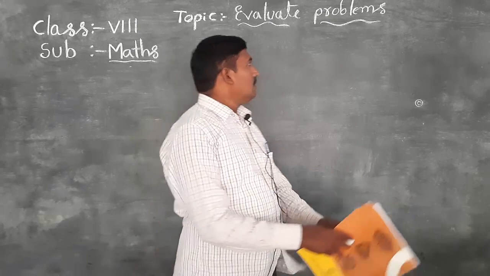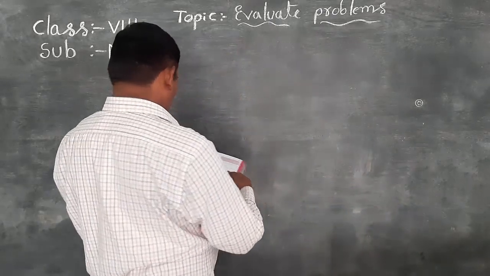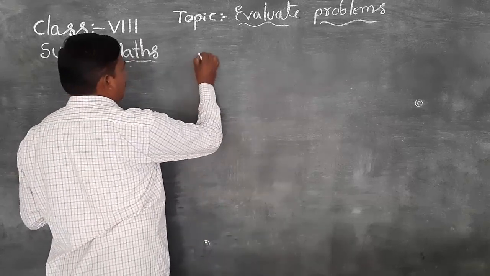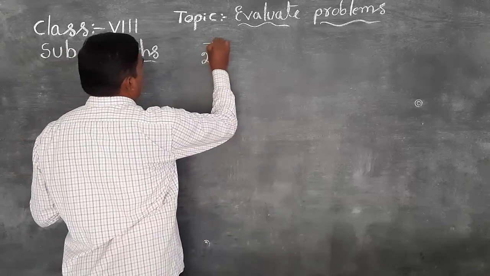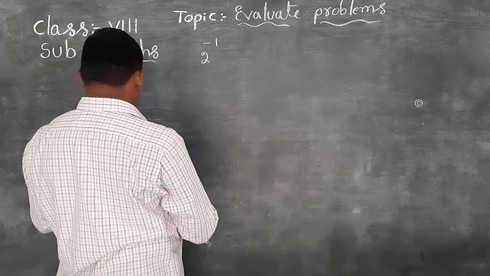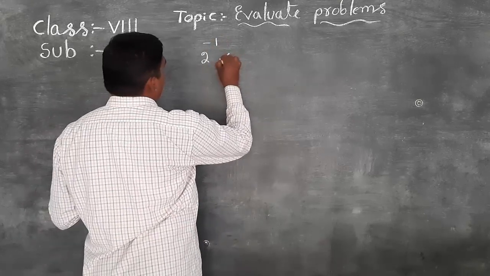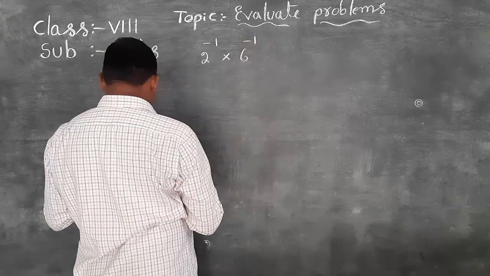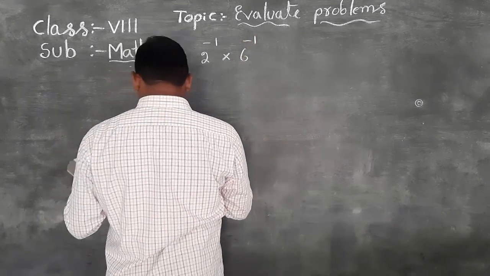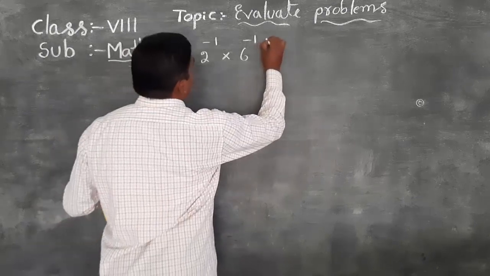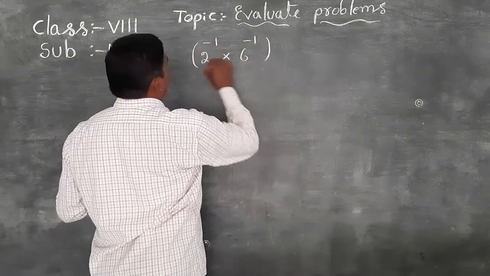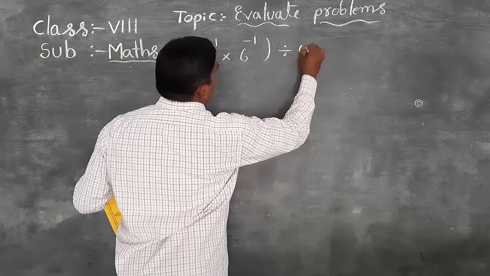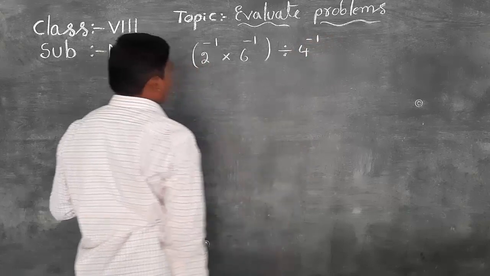Okay. See in this: 2 inverse, 2 inverse into 6 inverse divided by 4 inverse.